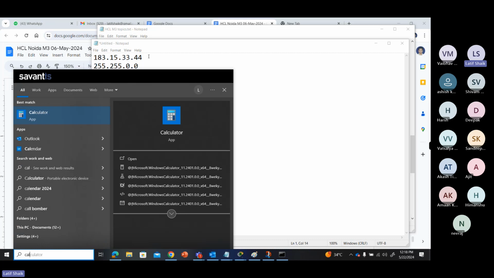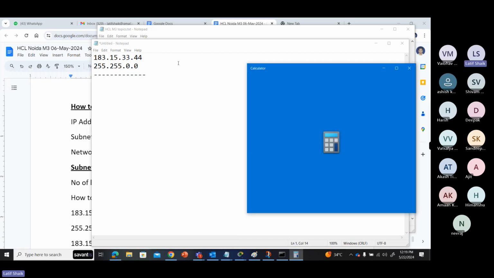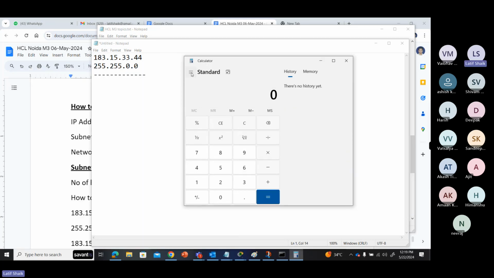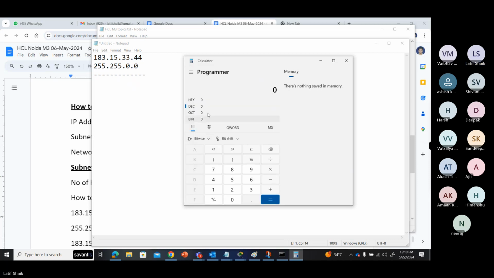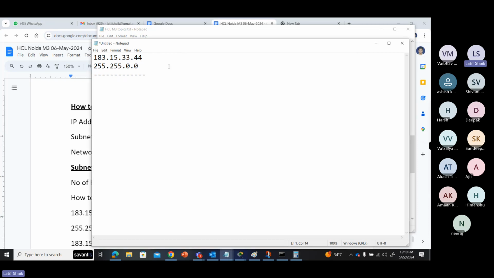You can go to calc or directly calculate. Okay, 183, this is the 183 equivalent. You can use it for simplification, or you can directly do it, no problem.